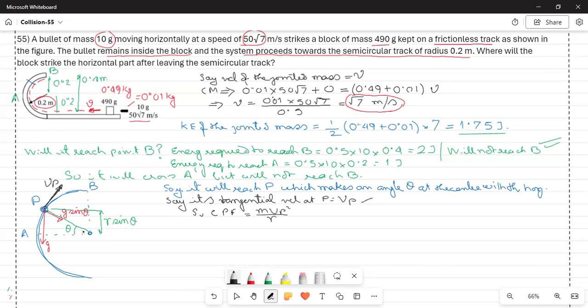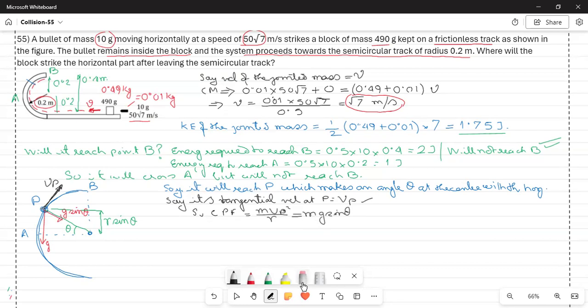R is the radius, which is given as 0.2. mv square by r equal to mg sine theta, because the force towards the center is the gravitational force component g sine theta, multiplied by mass m.